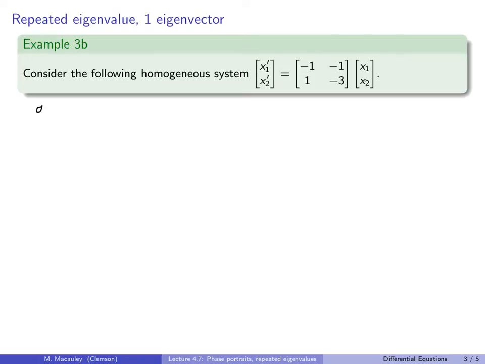So the determinant of A minus lambda I in this case is going to be negative 1 minus lambda, negative 1, 1, and negative 3 minus lambda.